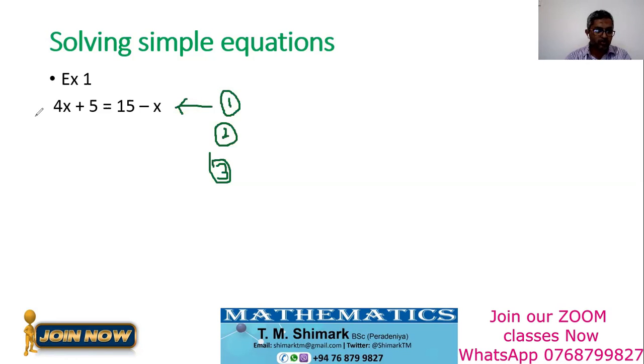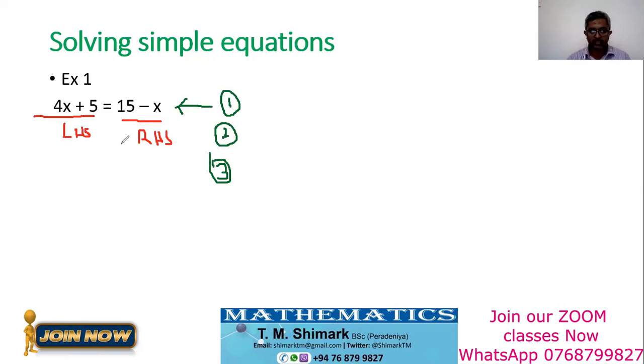Always we call this side of the equation the LHS, the left hand side, and this side the right hand side of the equation. We get LHS and RHS a lot of times. Equation means this LHS and RHS are equal. So if this side has a value of 20, the right side also will have the value of 20.